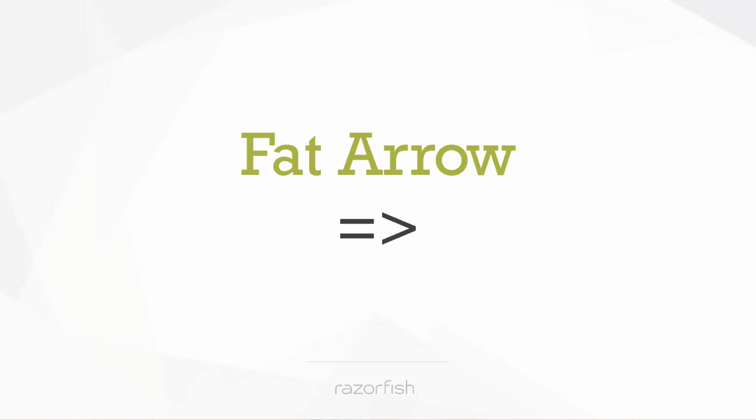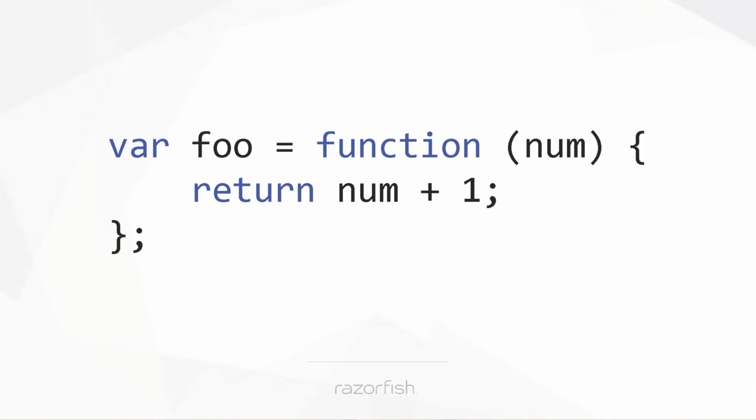So before we do that, though, I want to introduce the fat arrow. Some people might know about this. It's a feature in ES6 that allows you to write code shorter, to declare your functions a little shorter. I'm going to be using this in some of my examples, so I'm just going to get you guys familiar with it. So this is how you traditionally would declare a function in JavaScript. There are other ways, but this is one of the common ways.